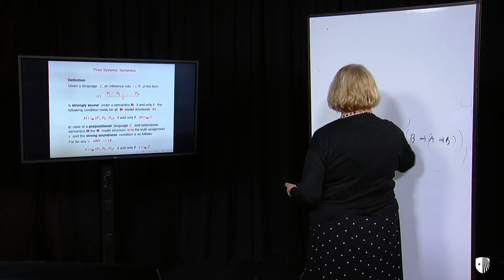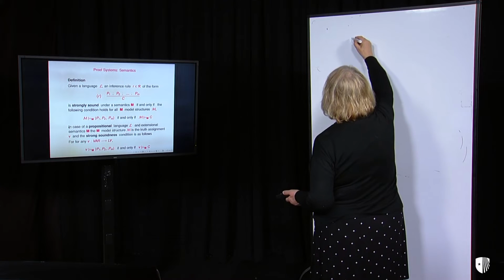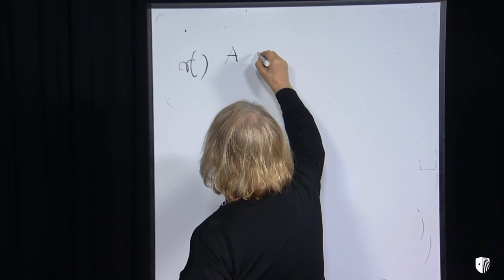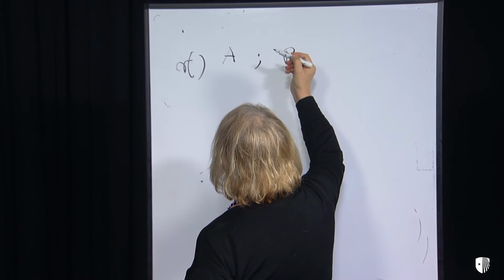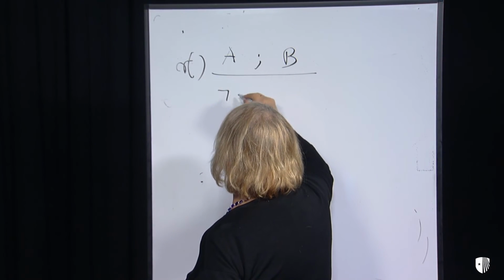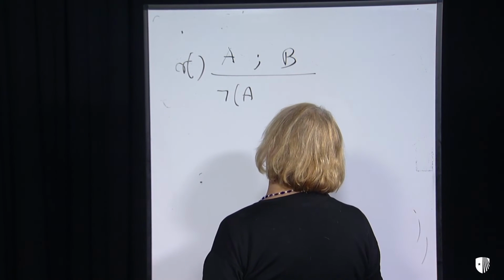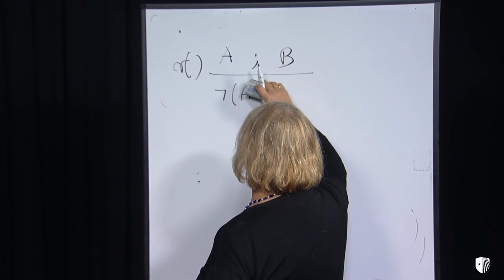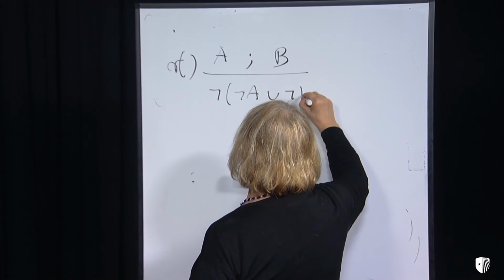Under classical semantics, for example, you can say that you have a rule with A and B, and you do not: A and B, not A, or not B.